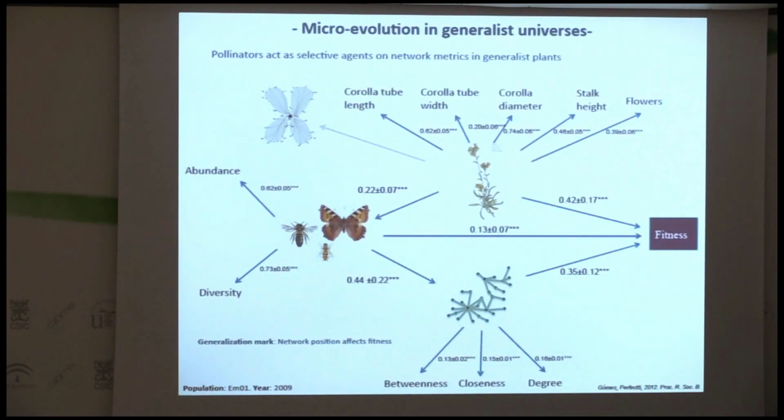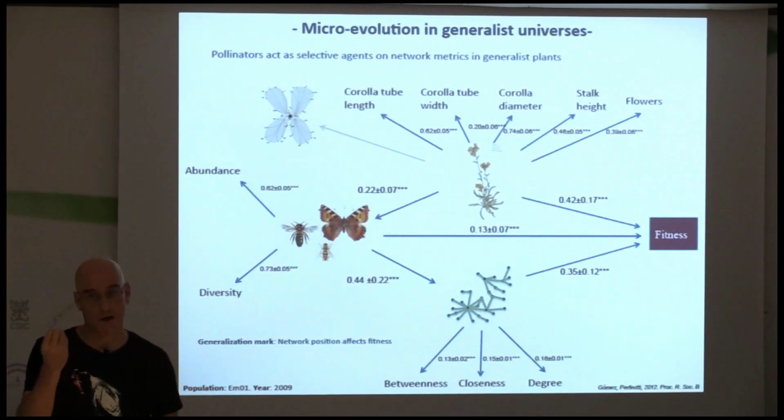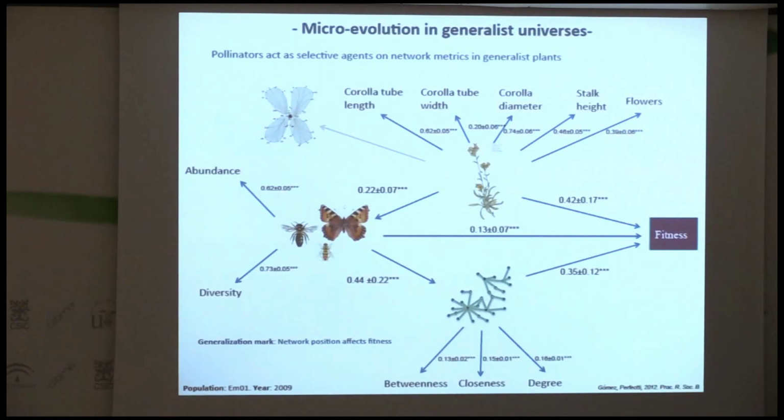And because in this kind of generalist system everything is happening within the context of a network, we are starting to see that even the position of the plant in the plant-pollinator network, within the topology of the network, is selected by natural selection. This is similar to the scheme shown in the previous slide.